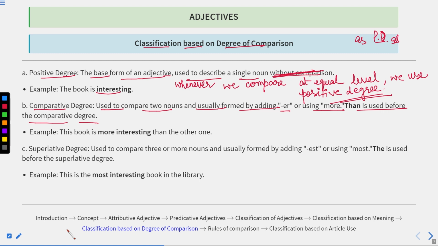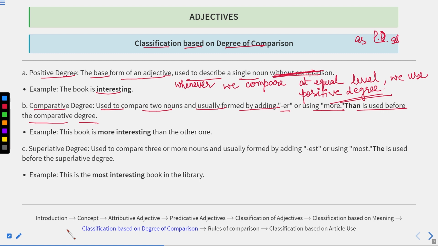Also, to convert the positive degree into comparative, we can either use er, or we can make more a prefix to that word. That also depends on the syllable. Whether to use er or more totally depends on the syllable.